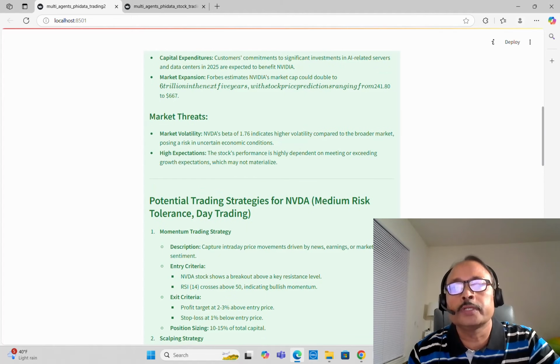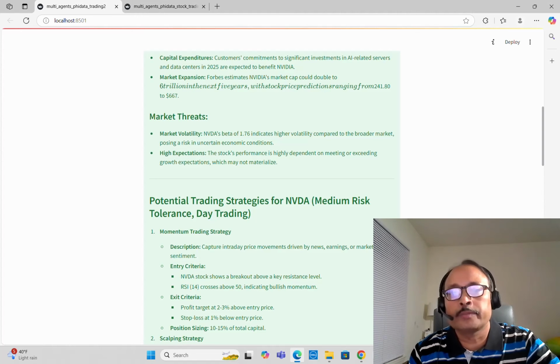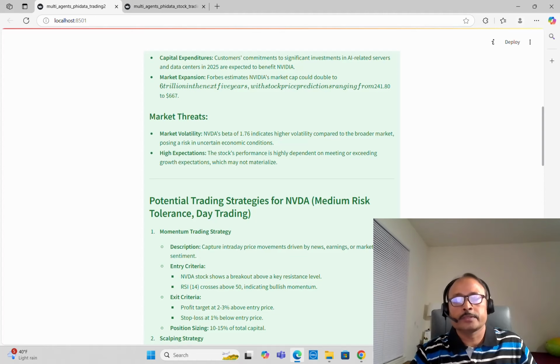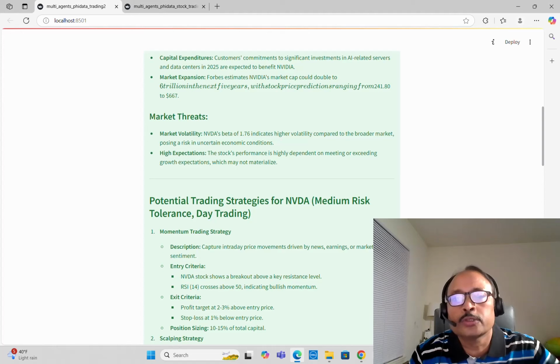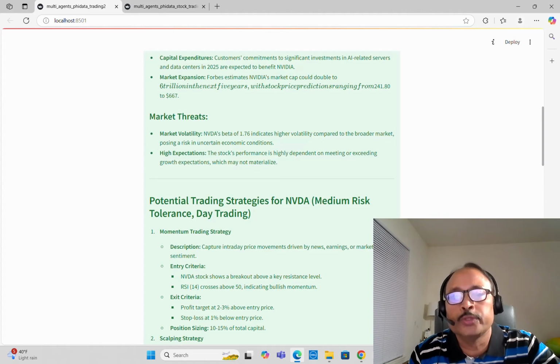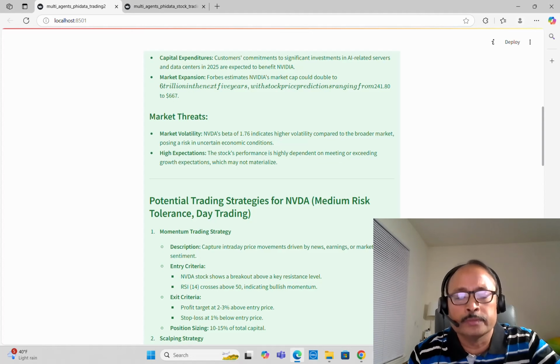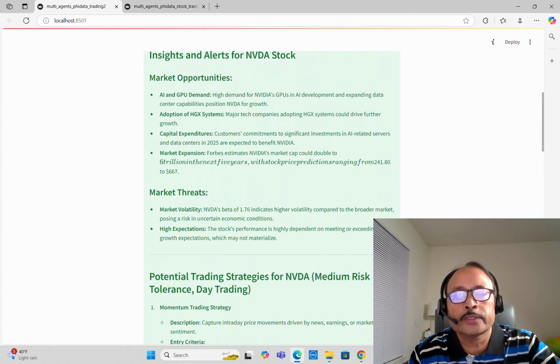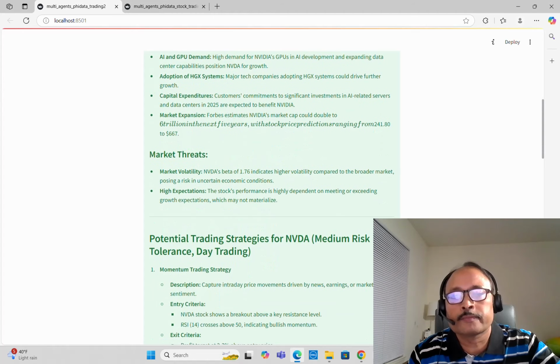NVIDIA's beta of 1.76 indicates higher volatility compared to the broader market, posing a risk in uncertain economic conditions. High expectations: the stock's performance is highly dependent on meeting or exceeding growth expectations, which may not always materialize. So there are some market threats, like market volatility and high expectations, but there are a lot of market opportunities also.